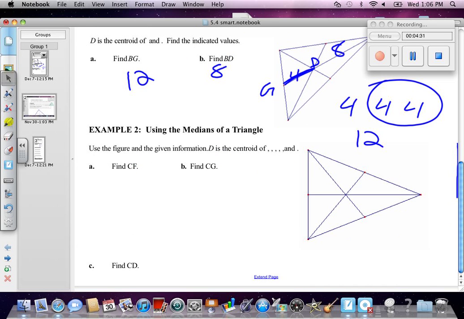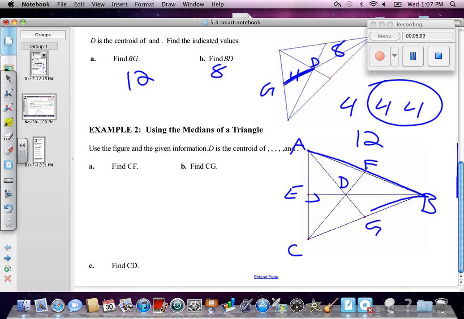Okay. We have triangle ACB with medians E to B, G to A, C to F, and point of concurrency, or the centroid, as D. We know B to E is perpendicular to A to C. We know that AB and CB are congruent.